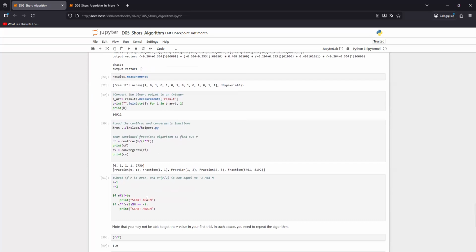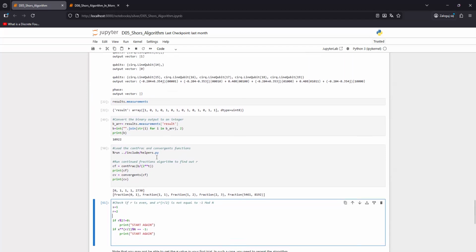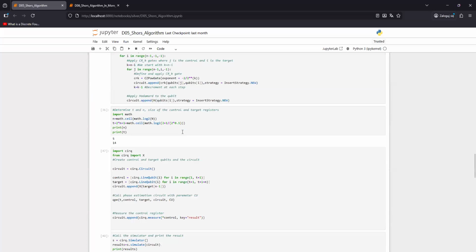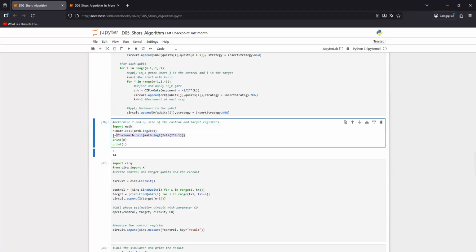But that's also a result of how non-deterministic algorithms work, if you set too big an error rate, so not enough accuracy.